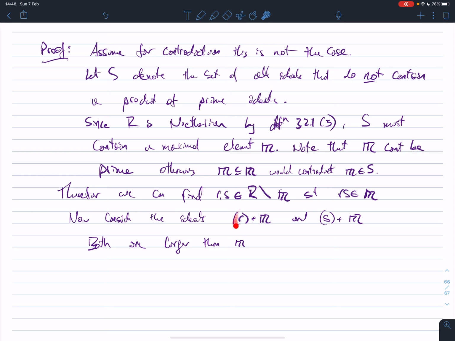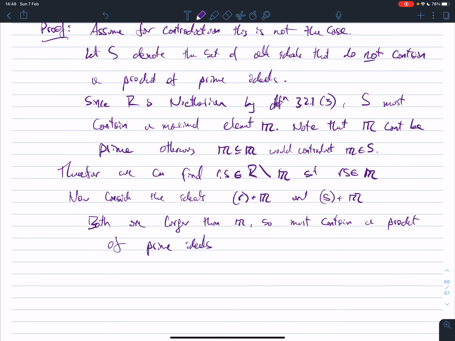These two ideals are bigger, so they can't be in this set S, so they must contain a product of prime ideals. So does their product, r plus m times s plus m.